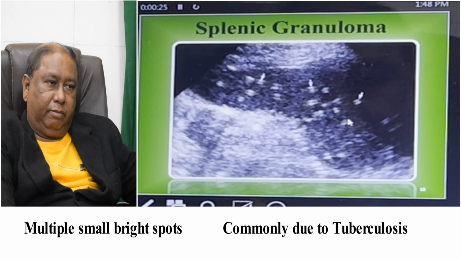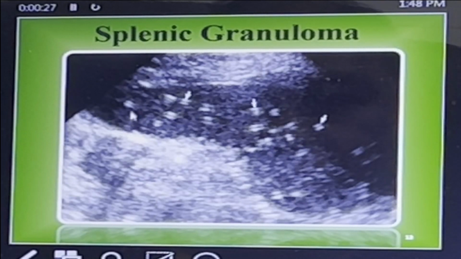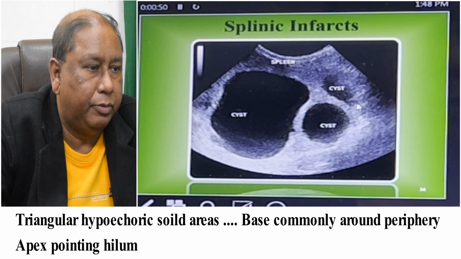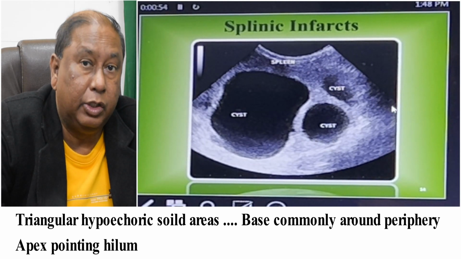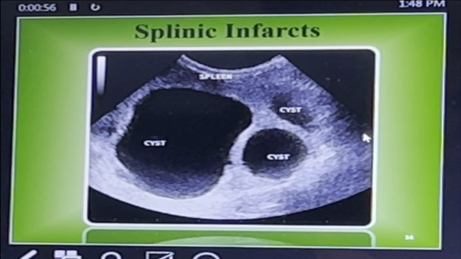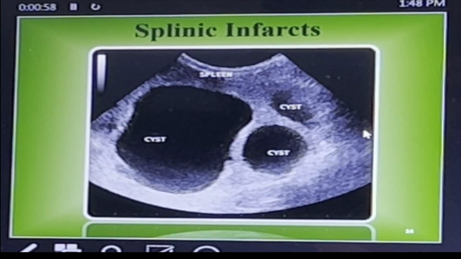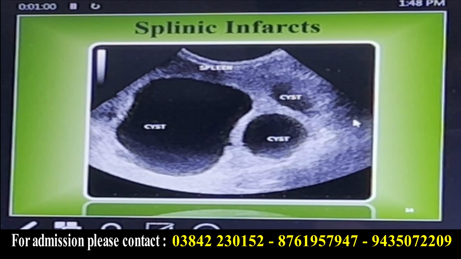What are you looking at? Multiple bright spots. It is commonly due to tuberculosis. When there is tuberculosis, you will get such bright spots. And there may be triangular, hypoechoic, solid areas based commonly around the periphery, apex pointing to the hilum.